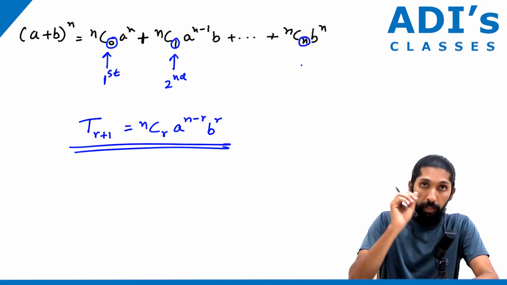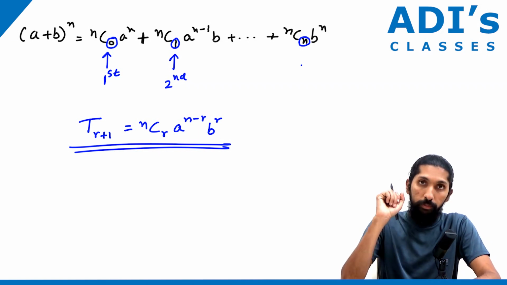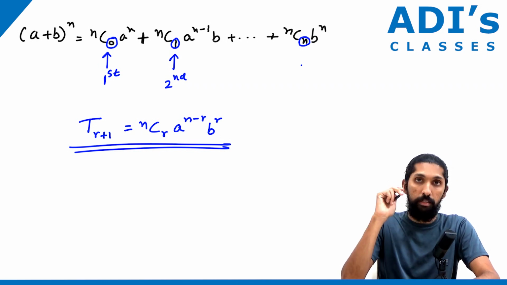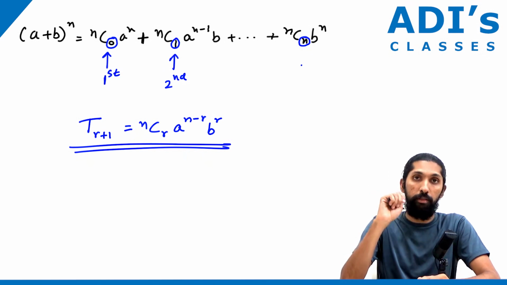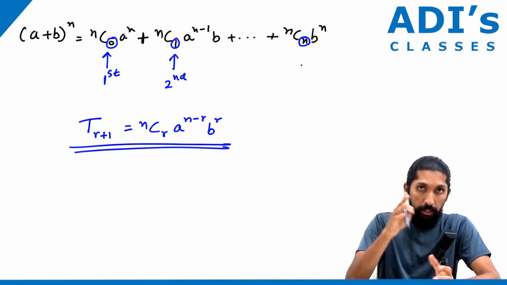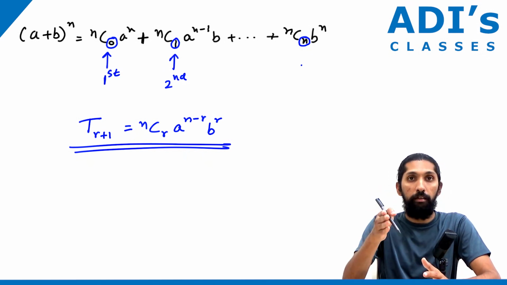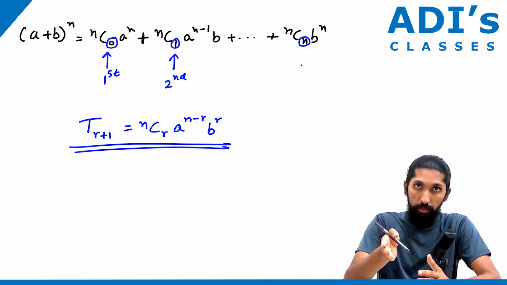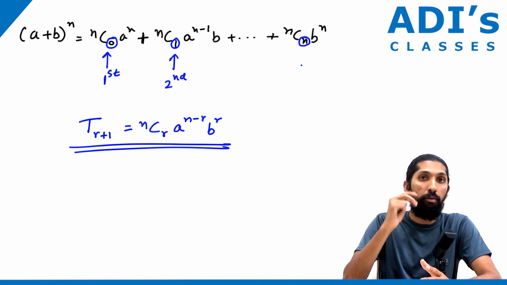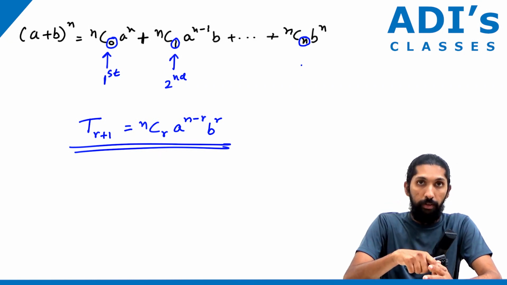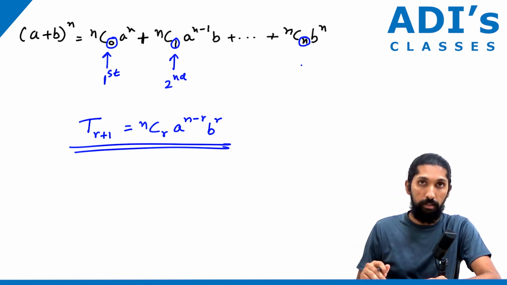For the midterm, we consider two cases. What if n is an even number and what if n is an odd number? Depending on whether n is odd or even, there is one midterm or there can be two midterms. Fair enough? We'll look into both cases now.